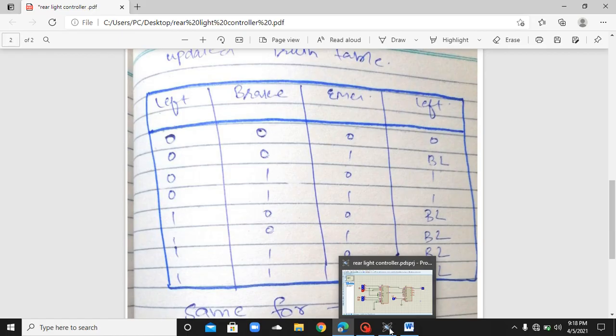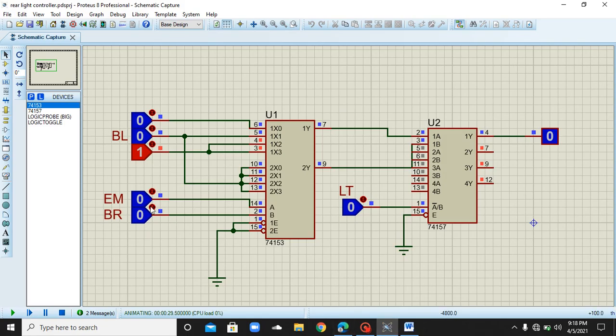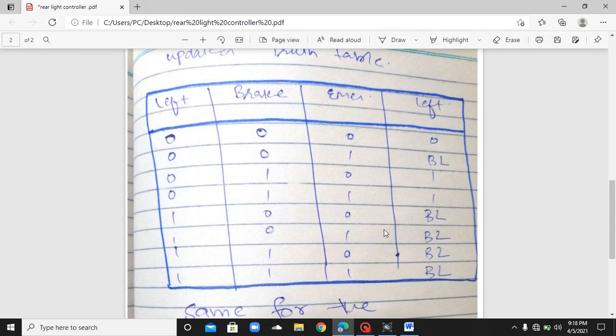We can check that if the emergency light is on, the output is the same as the BL. If I talk about the next line, we can see that if the left is at 0, the brake is at 1, and the emergency light is at 0, then my left light should show an output of 1.